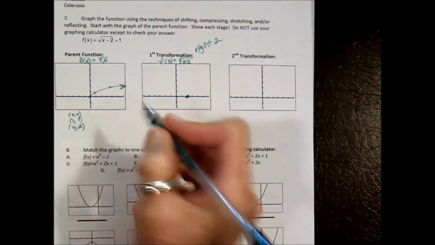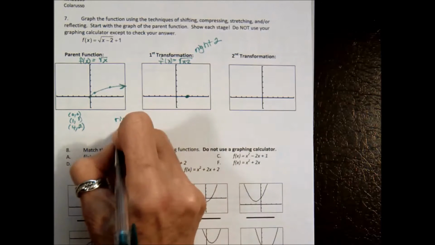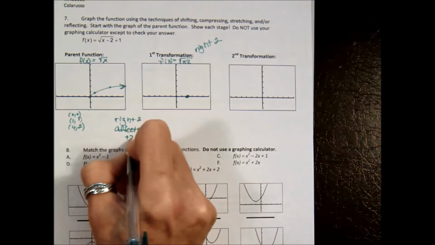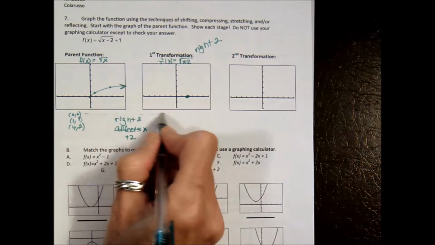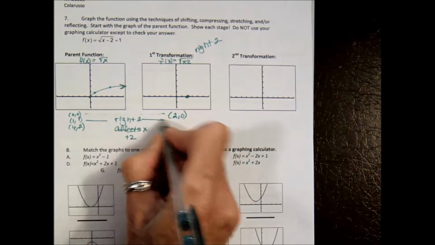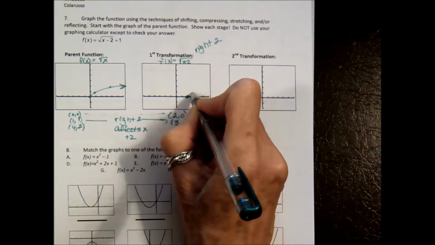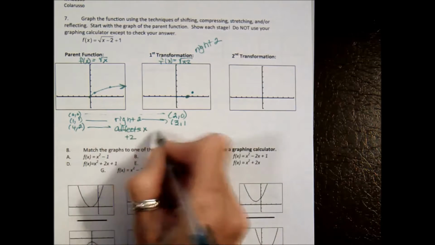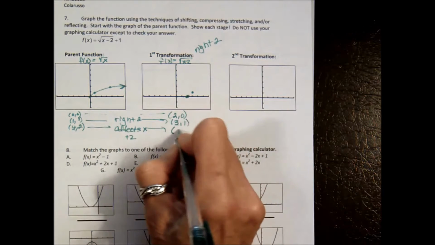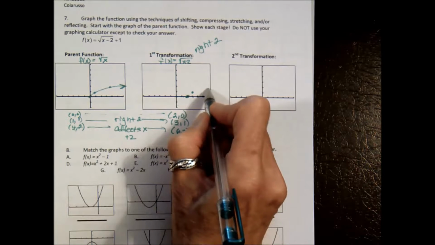So right 2, it affects the x with a plus 2. So (0, 0) becomes (2, 0). (1, 1) becomes (3, 1). (4, 2), add a 2 there, becomes (6, 2). And it's shaped like that.